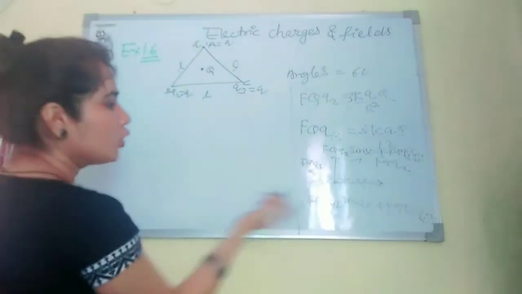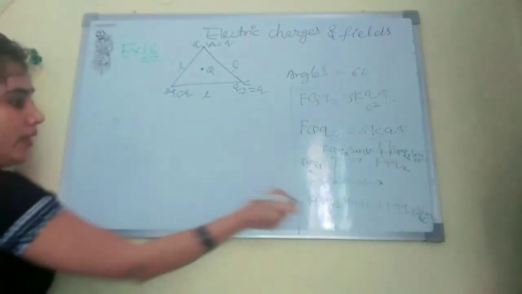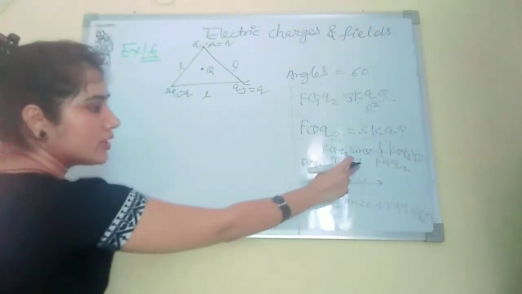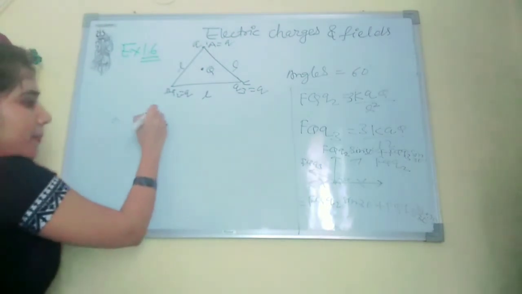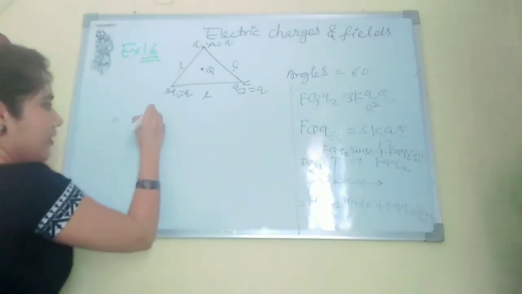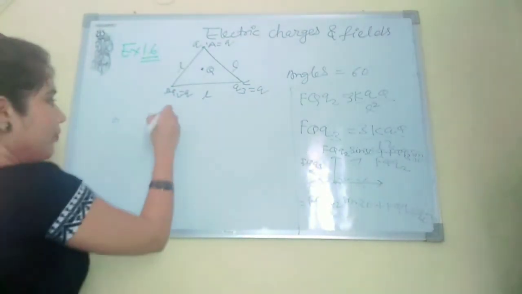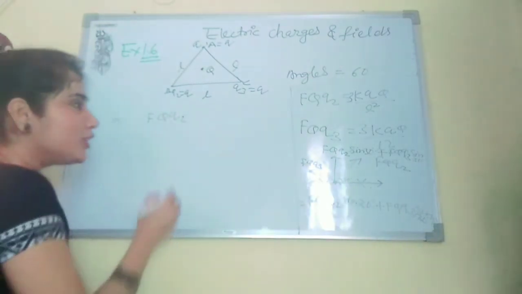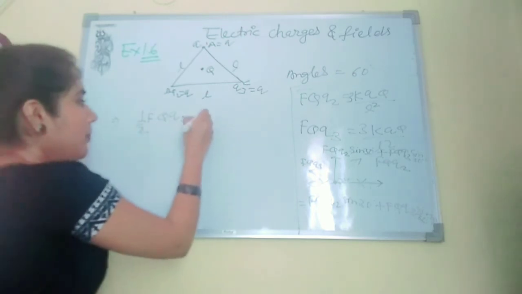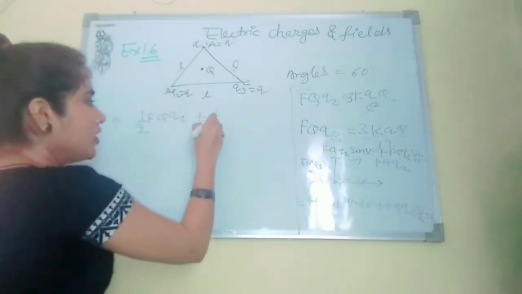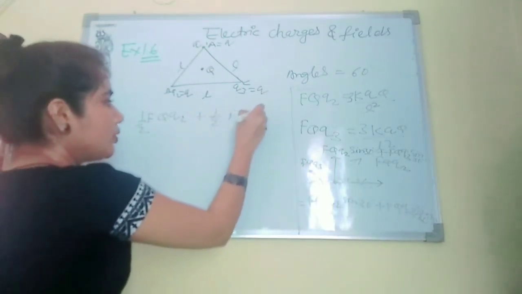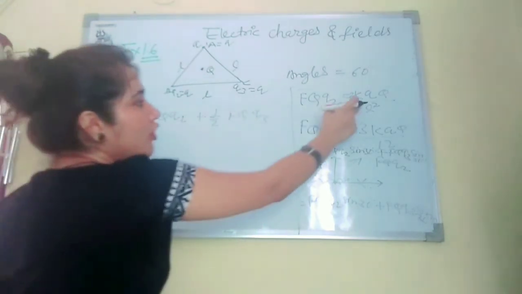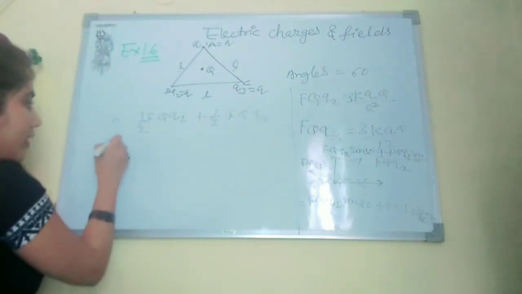Okay, so the resultant of this and this will be on the y-axis, that will be FQQ2 sine 30, which is 1 by 2, plus sine 30 again 1 by 2 FQQ3. Now we will put the value of FQQ2 and FQQ3.